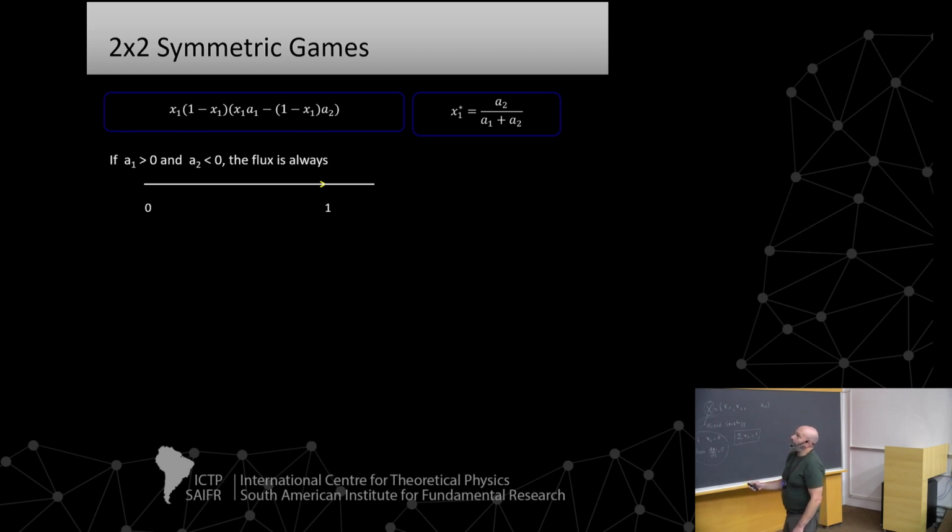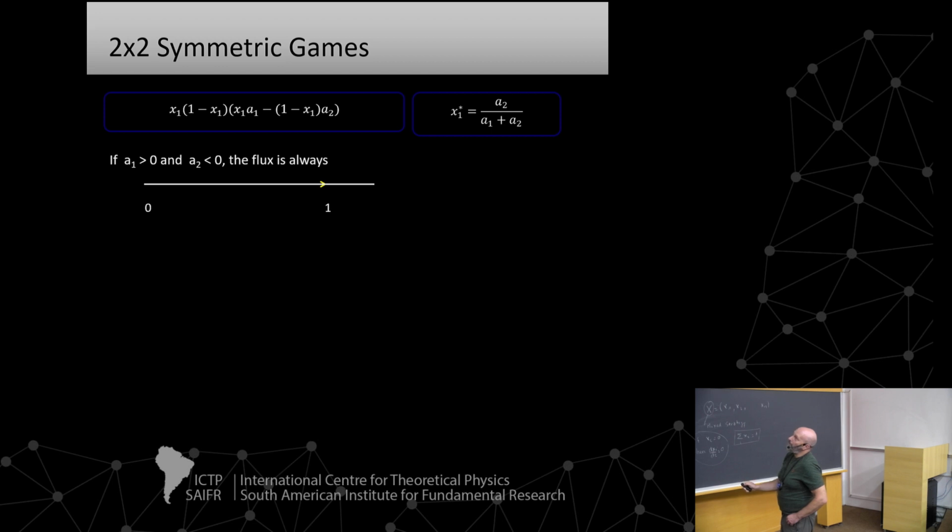So if I analyze then the dynamics of this situation, taking into account that this point is not in the middle of 0 and 1, we can see that if x is here, this is positive, this is also positive, and if A1 is greater than 0 and A2 is less than 0, this term here will also be positive, because there is a minus here and A2 is negative, so this expression is positive.